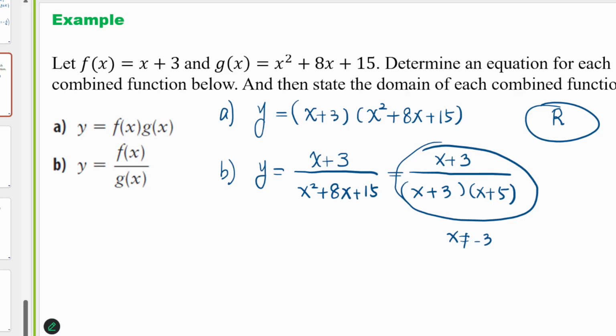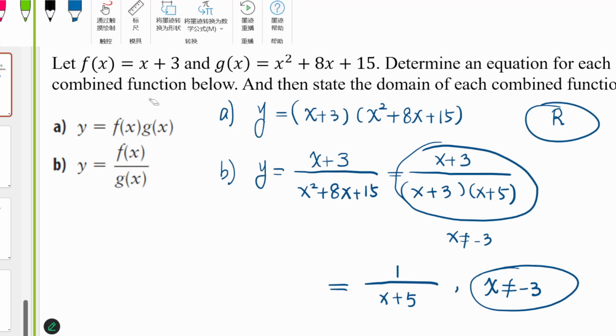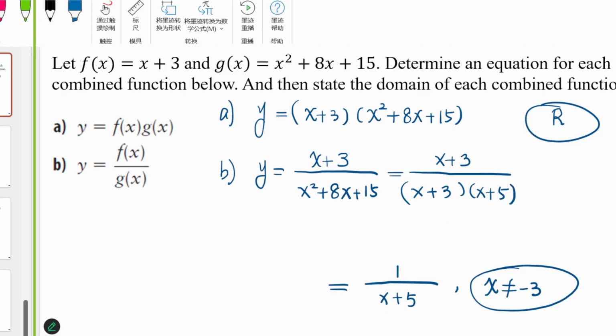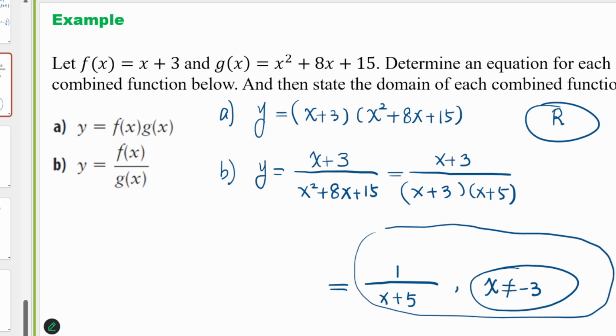You can only cancel that after you specify the extra restriction. So for example, if you want to cancel that, you have to explicitly state x is not negative 3. After you specify this, then you can safely cancel x plus 3. You see that? Okay, so in this case, this is the expression of the new function. So what is its domain?